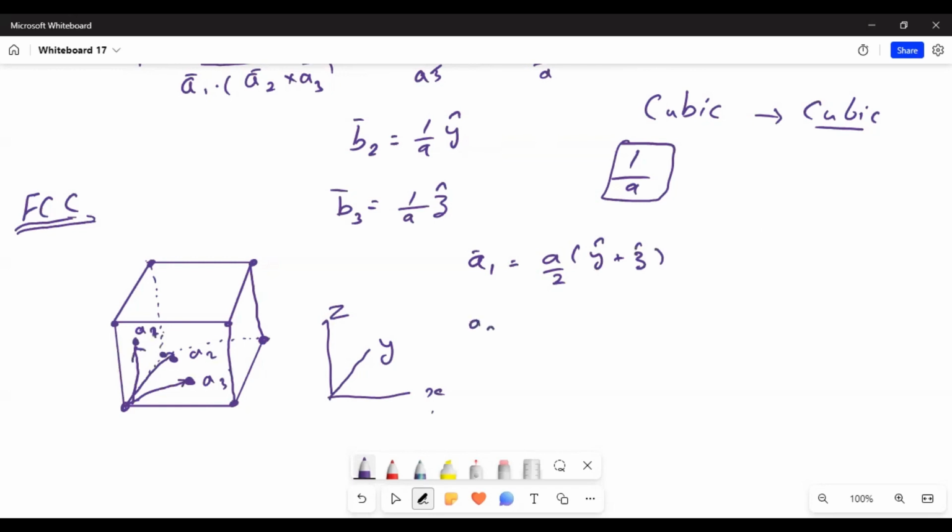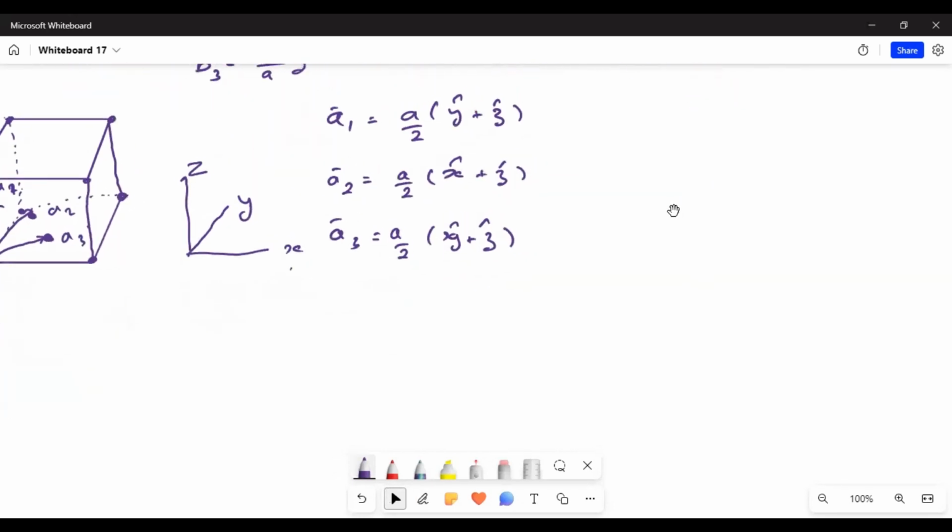Similarly, A2 will be a by 2, half in the x direction and half in the z direction. And similarly, A3 will be a by 2, half in the x direction and half in the y direction. So these are the real space lattice vectors.